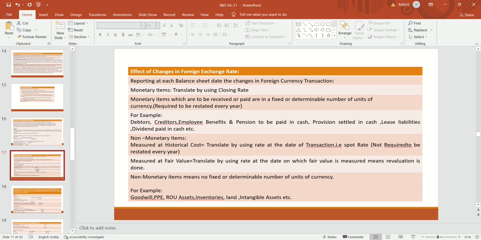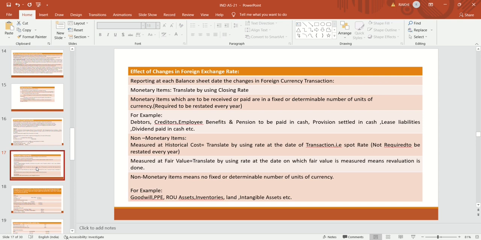Non-monetary items means those which are measured at cost and also measured at fair value in case of revaluation. Non-monetary items are not fixed, but monetary items are fixed. Non-monetary item means no fixed or determinable number of units of a currency. If it is measured at historical cost, then translate it by using the rate at the date of transaction.